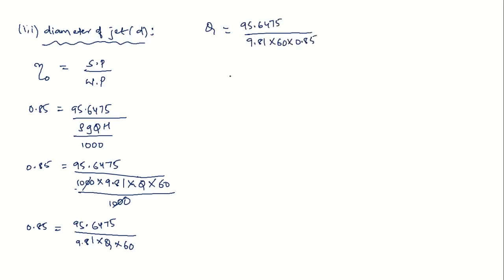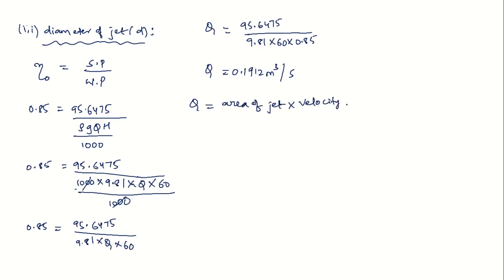So why did I write it like this? Because we can write discharge as area into velocity. Once you know discharge, we can write area into velocity, and from there we can get diameter. So this Q comes out to be around 0.1912 meter cube per second. Now we have Q is equal to area of jet into velocity of jet formula, correct?